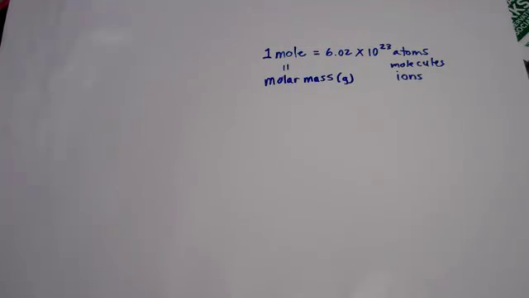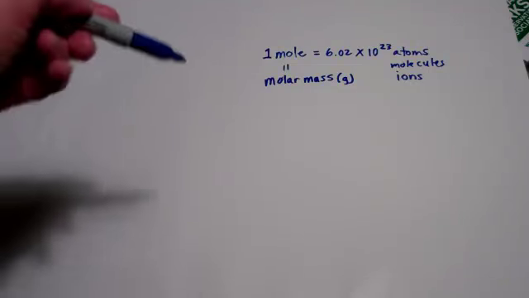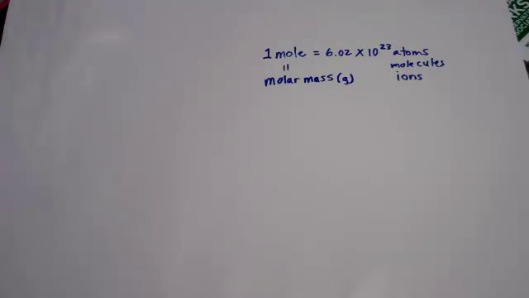So we said in class on Tuesday that because of this relationship, we have 3 different conversion factors that we can end up writing. The first conversion factor is going to allow you to go between mass and the mole.